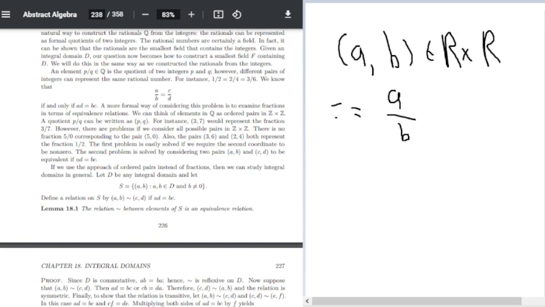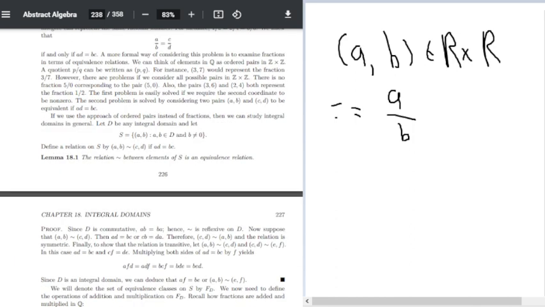If we use this approach of ordered pairs instead of fractions, then we can study integral domains in general. Let D be any integral domain, and let S be the set of (a, b) with a, b in D, and b is not equal to 0. Define a relation on S: (a, b) is similar to (c, d) if ad is equal to bc.